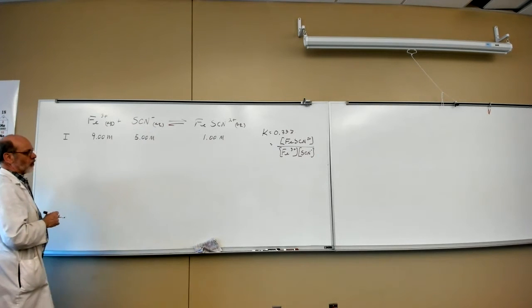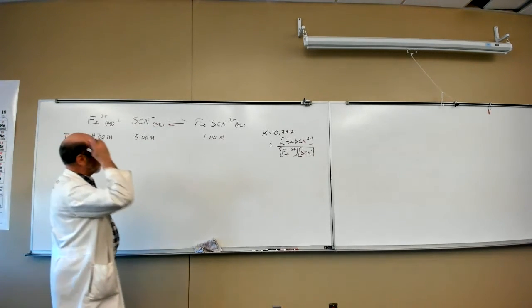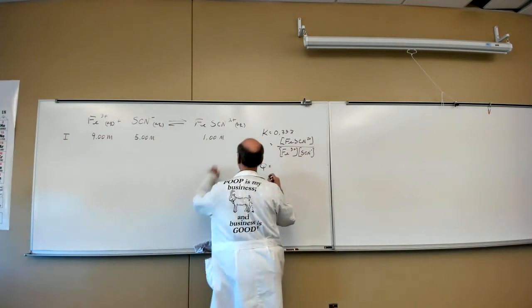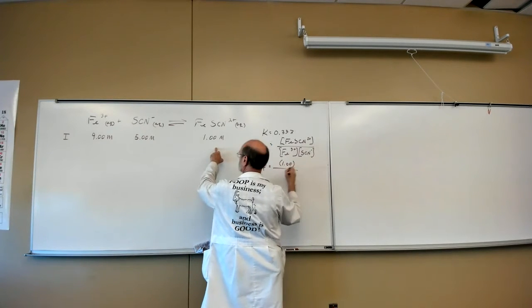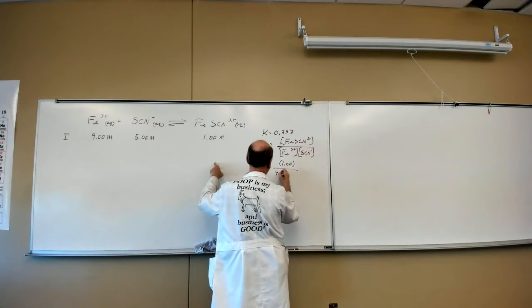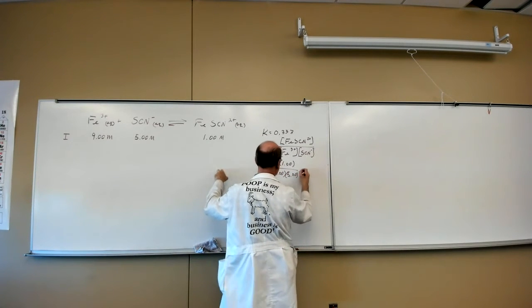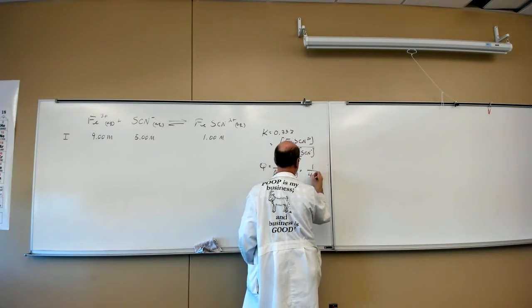Okay, so which direction is this going to go? Well, if we calculate Q, then we have 1, and then 9 and 5. Since there are no powers, we should be able to do that in our heads. Well, that's 1 over 45.